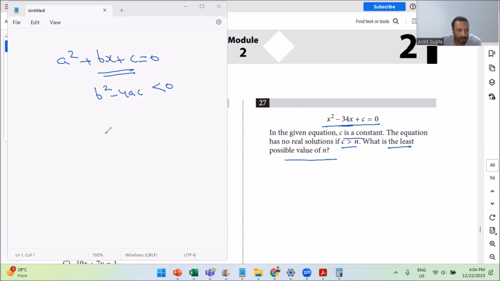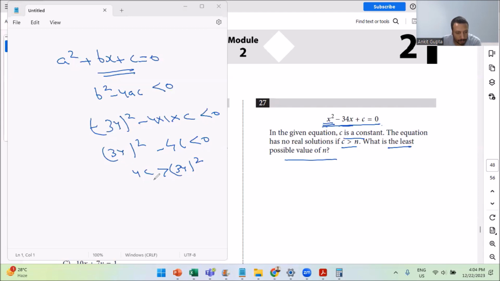So if you apply the same thing here, so minus 34 square minus 4 into a is the coefficient of x square, which is 1, multiplied by c should be less than 0, or 34 square minus 4c should be less than 0. That means 4c is greater than 34 square.